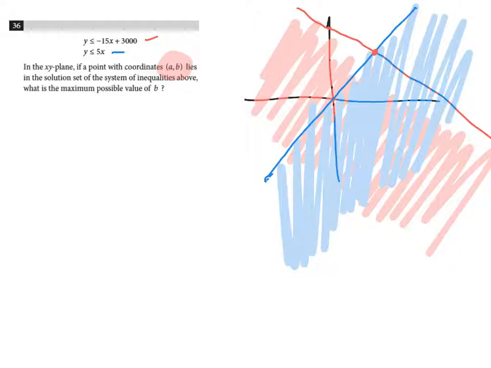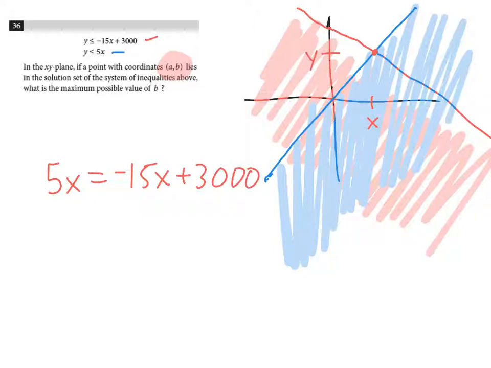So if I just set those two lines equal, 5x is equal to negative 15x plus 3,000, and solve for x, that'll give me my x value. I can plug it back in and find my y value, or in this case my b. This is a, and this is b. I'm going to add 15x to both sides.